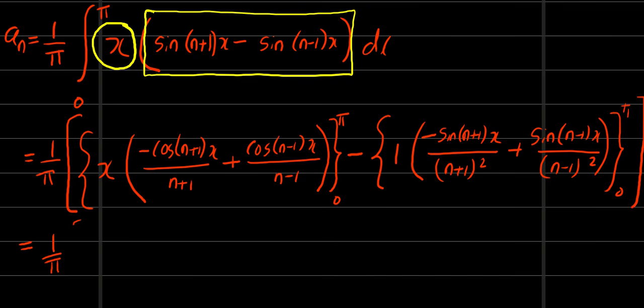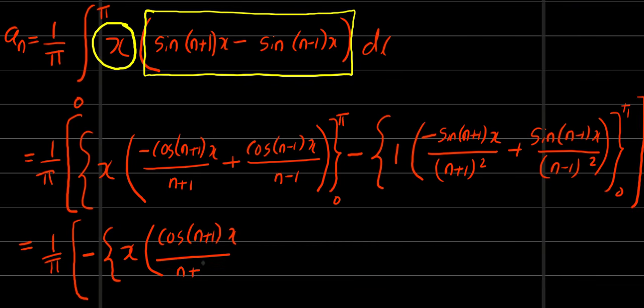If you want, you can take common, and that will give us minus. It's not compulsory, but if you feel like it, you can do that. So if minus is taken outside, you will end up with cos (n plus 1) x by n plus 1 minus cos (n minus 1) x by n minus 1 within the limits 0 to pi.